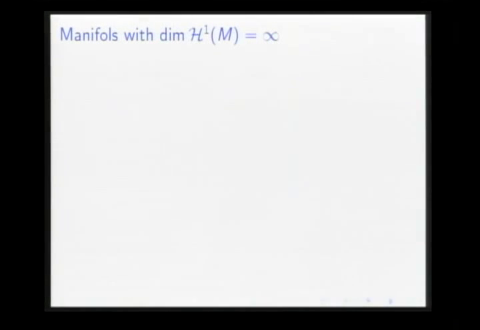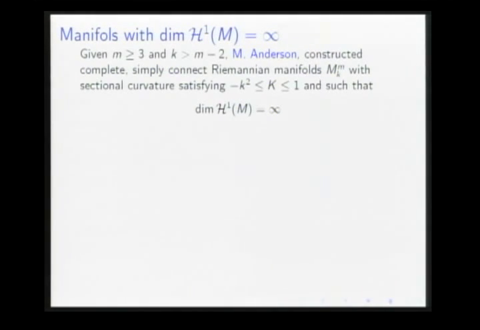And I also like to comment about some examples of complete manifolds such that this space has infinite dimension. Well, in fact, for each dimension m and each k greater than m minus 2, Michael Anderson constructed complete simply connected manifolds, which I will denote by M_k, with sectional curvature satisfying this inequality and such that this space has infinite dimension.